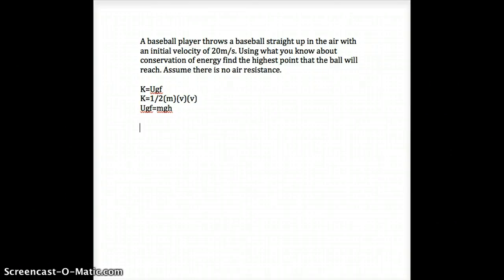So this means that mgh equals 1/2 mv squared.